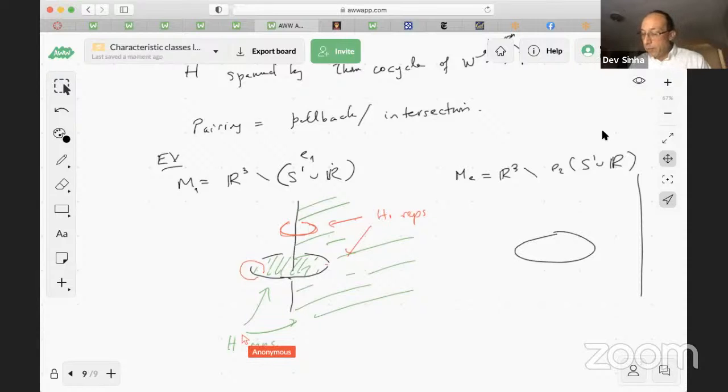And then there is some H lower 2, namely this torus, its fundamental class is an H lower 2 rep. And what about the H upper 2?